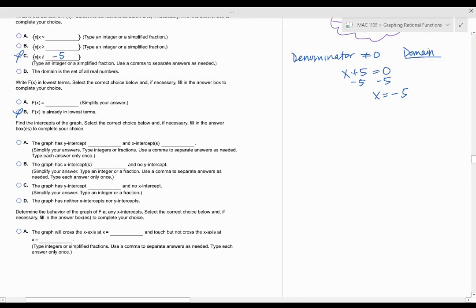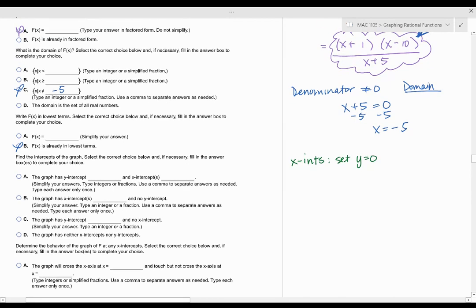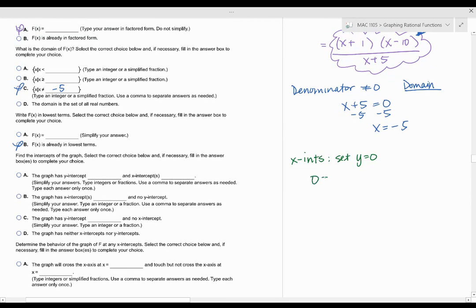All right, for the next section, they want us to find the intercepts. Let's change our color. All right, so remember we have two different types of intercepts. We have x-intercepts and we have y-intercepts. To find x-intercepts, you set y equal to 0. Okay, so everywhere in our function where I see y, I'm going to make it 0.